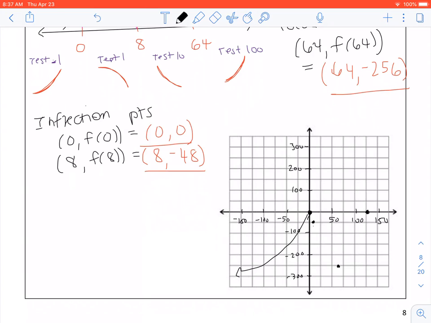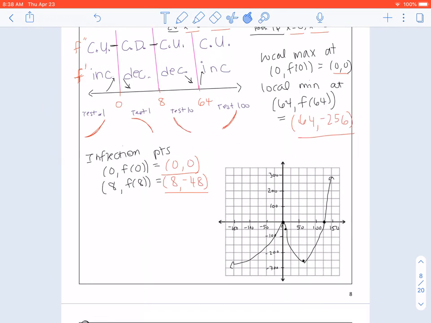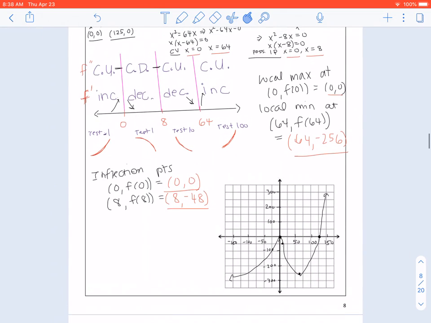The next one is concave down and decreasing. So it's hard to kind of draw in there, but do the best that you can. The next one is decreasing and concave up. And then from here, it's going to go up. We do have an x-intercept here, so I'm going to make sure I hit that, and it is concave up and increasing. So drawing that in, that is my graph. Again, double checking to make sure you got all your values on there correctly.